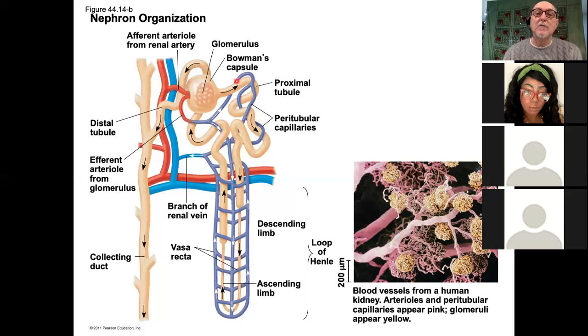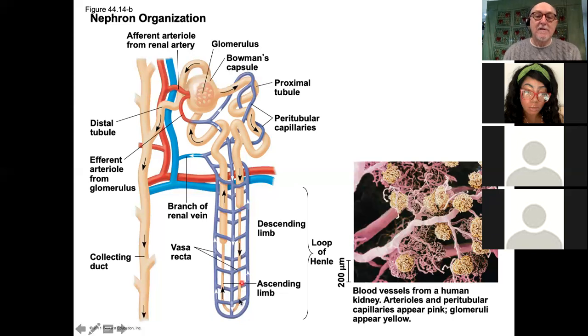First of all, this whole tubular structure here, which will be in the cortex of the kidney, is called the proximal tubule. Proximal because it's near the beginning. And it has very distinct functions.